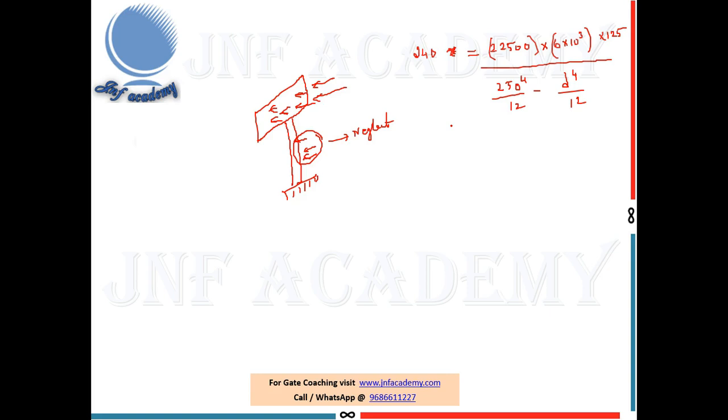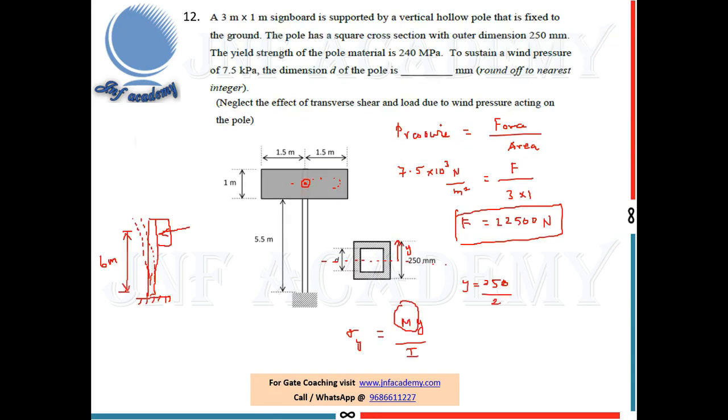After simplifying all those things, you will end up with d equal to 235.24 mm. This will be the answer, 235.24. They are asking for the nearest integer, so 235.